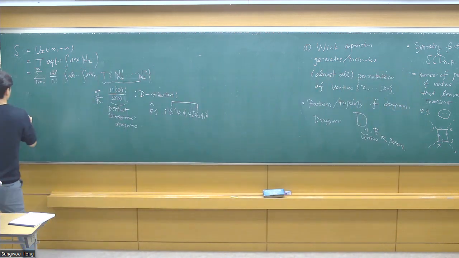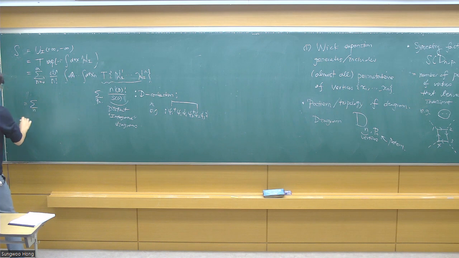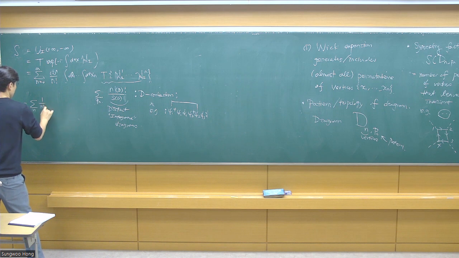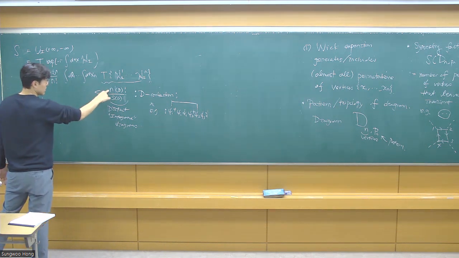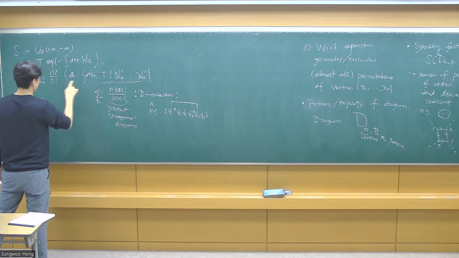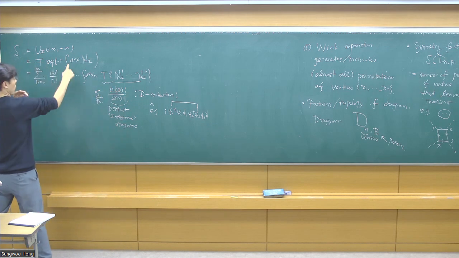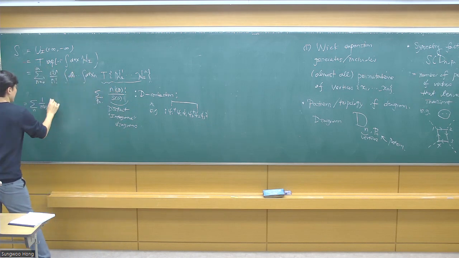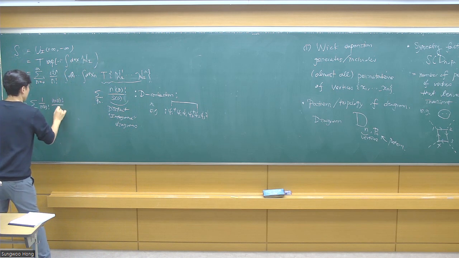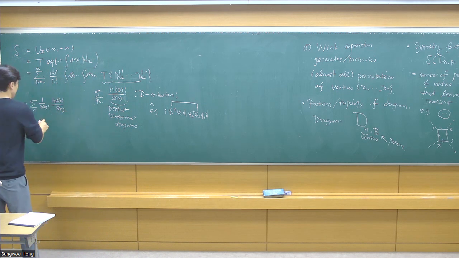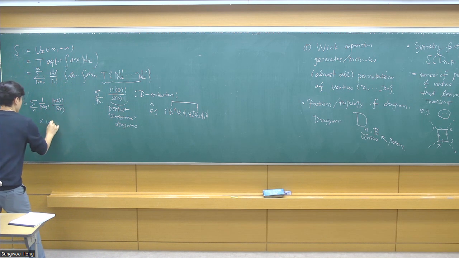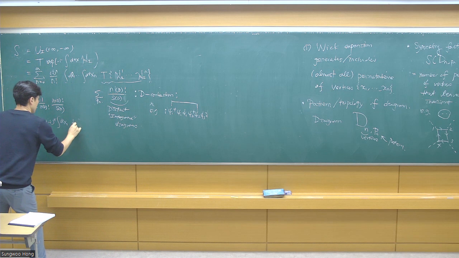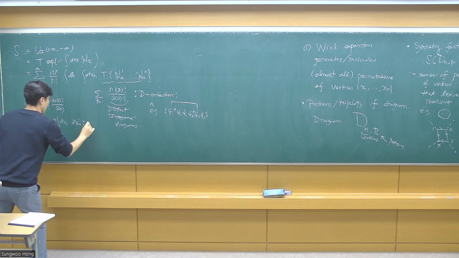So then this can be written as a sum over n, expansion in the perturbation order. Okay, and then there's a 1 over n_D factorial. This is the number of vertices of the given diagram, which is the same as the order, the same as the number of x's. And then n_D factorial S_D times I have minus i to the n, dx_1 through dx_n, and then D contraction.